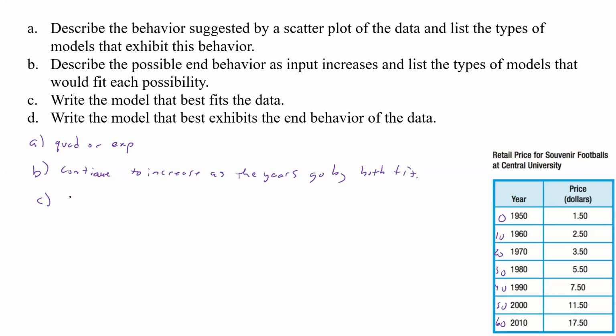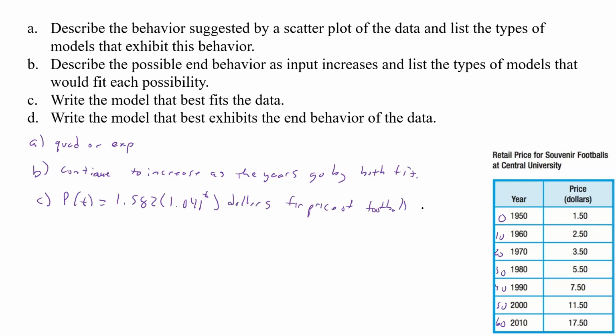And so our exponential model then, if I remember right, let's say the price with time, that was equal to, and it was again 1.582 times 1.041 to the t. And that is going to be in dollars, for the price of the football.